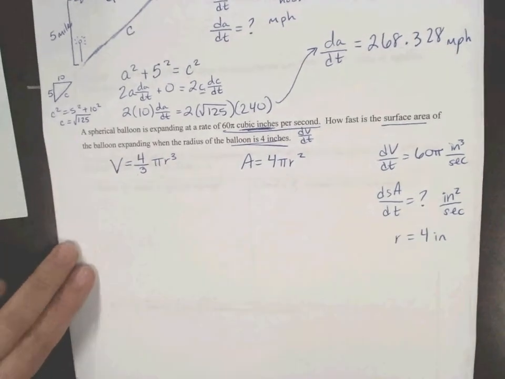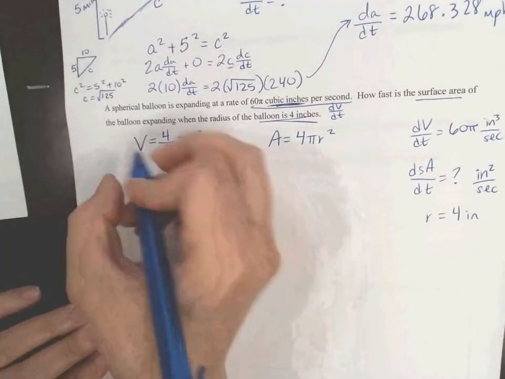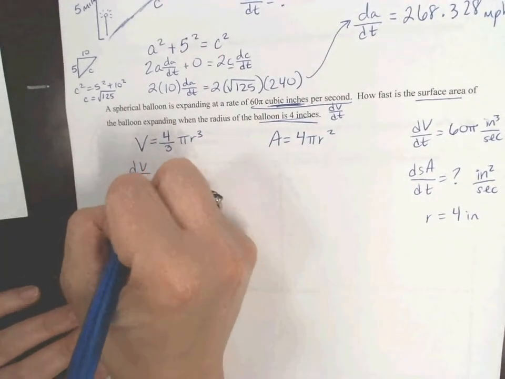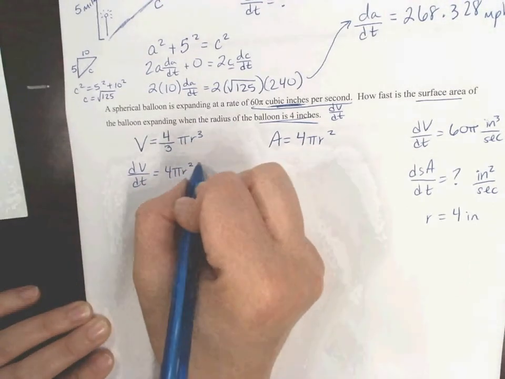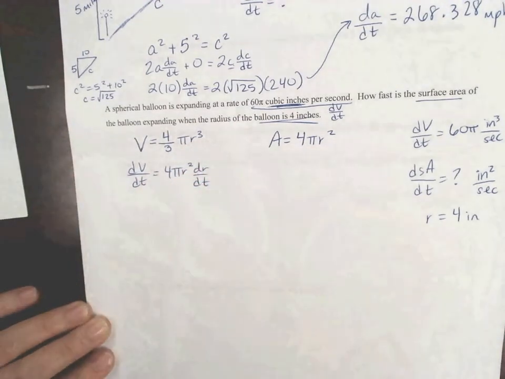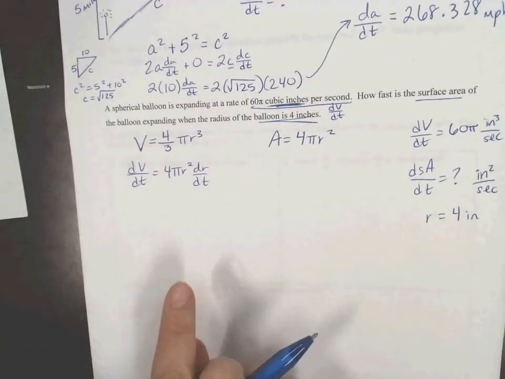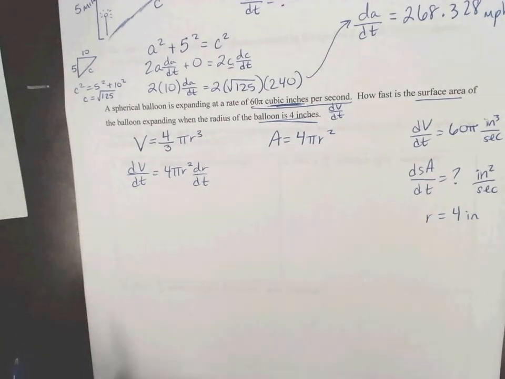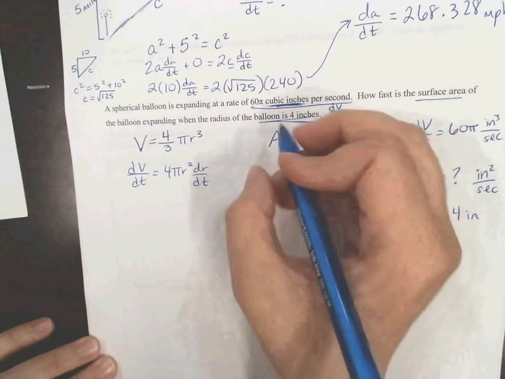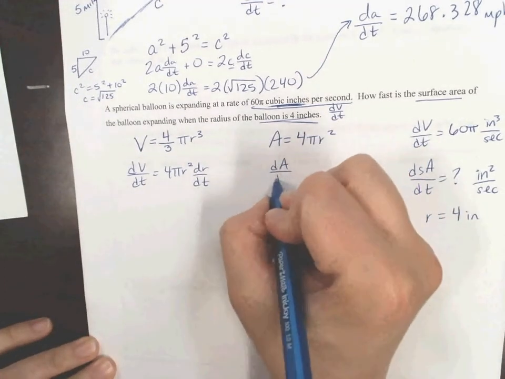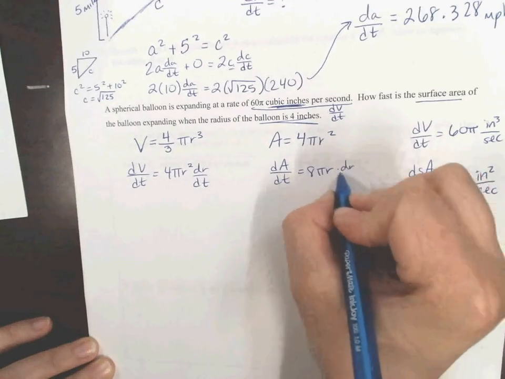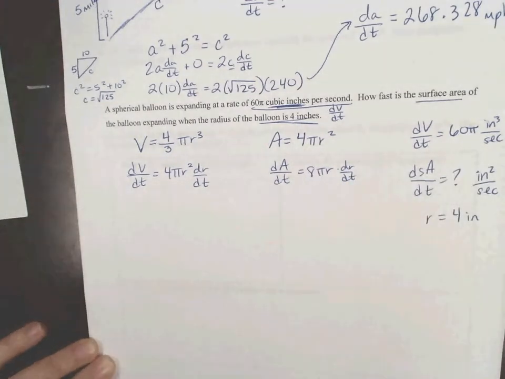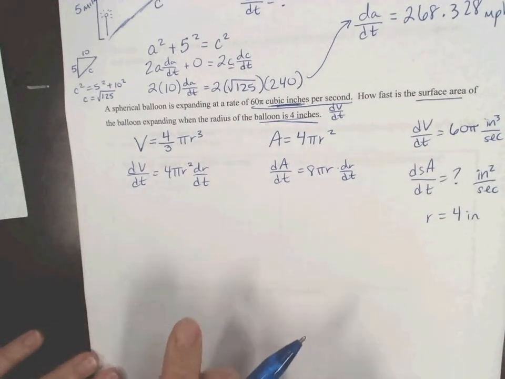So what we're going to do right now is implicitly differentiate both of these separately. So volume, dV/dt is equal to 4 pi r squared dr/dt. Area, dA/dt is equal to 8 pi r times dr/dt.